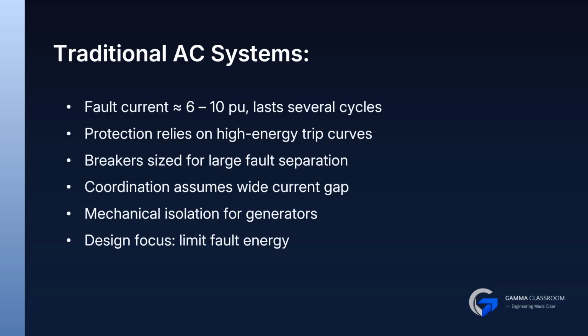Because the fault energy is large, protection devices like breakers and fuses are designed with high energy trip curves. Coordination is also easier because the upstream and downstream devices see very different current levels, so their curves naturally separate.